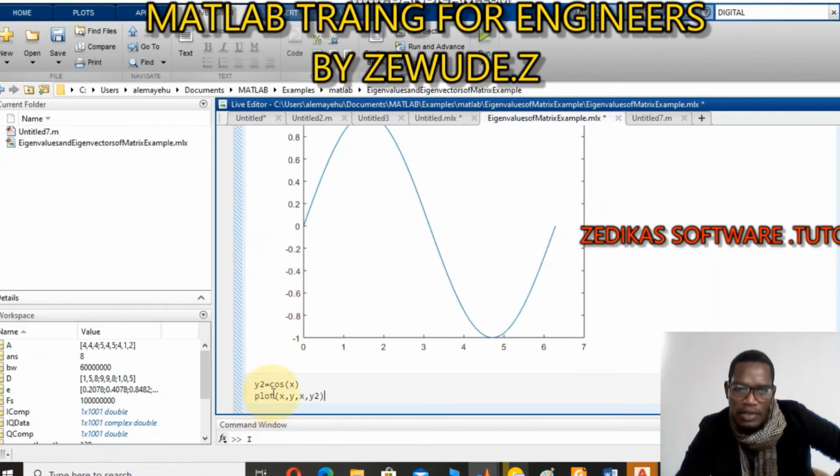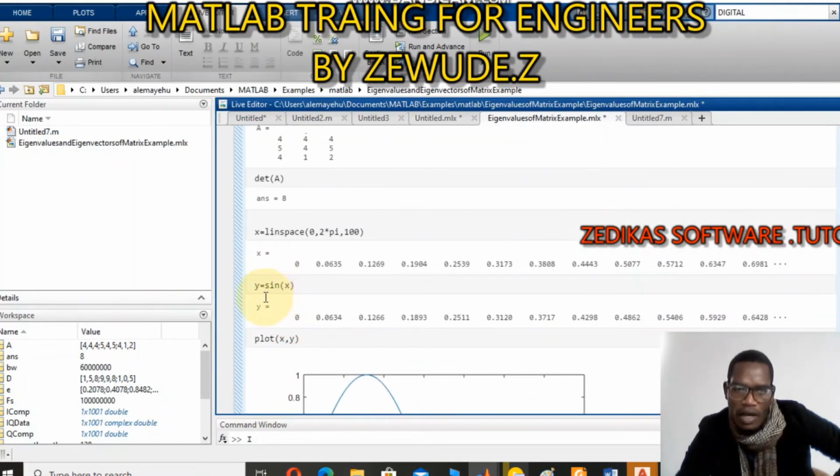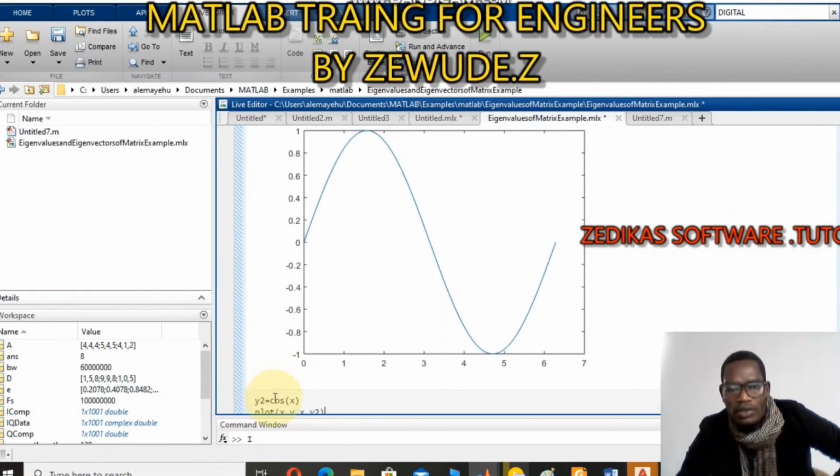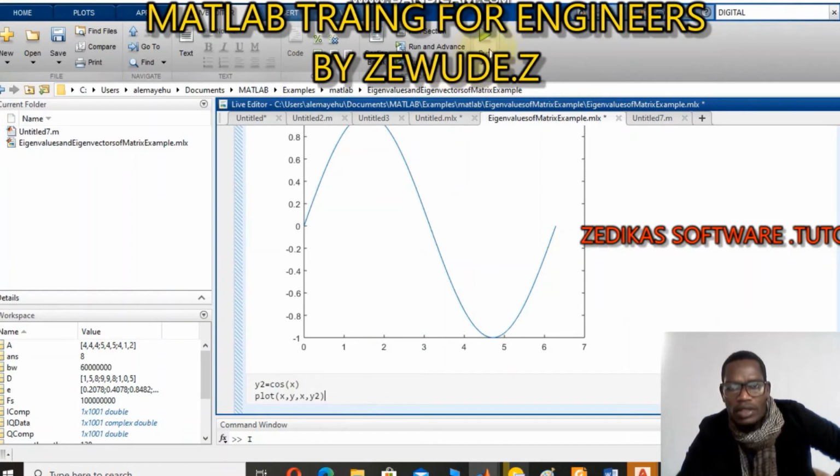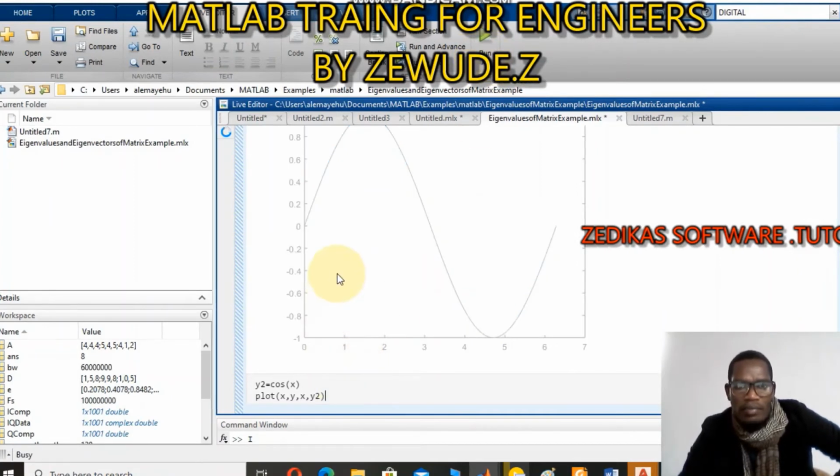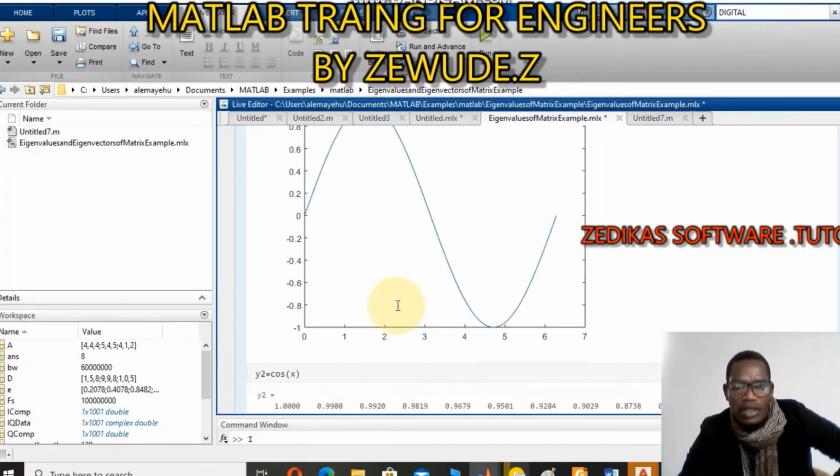The second graph is y2, and the first is y1, so sin x. Plotting for these values, just run, run all. Clicking means giving the instruction to this particular simulation toolbar. So just run.